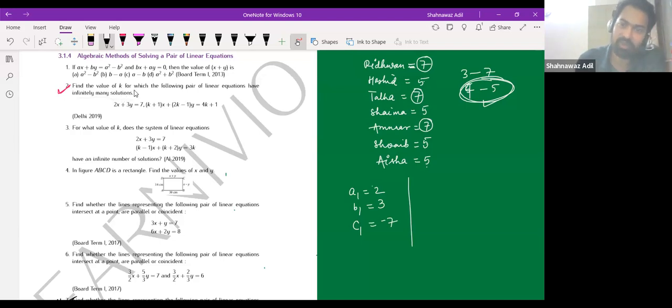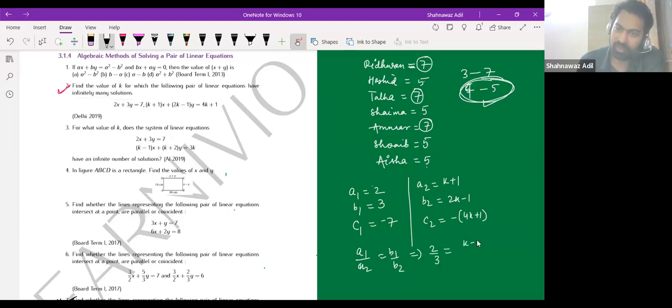So we can choose one equation. So a2 is k plus 1, b2 is 2k minus 1, and then c2 is minus of 4k plus 1. So we can choose any of the variables. Let us choose a1 by a2 equal to b1 by b2. So this is 2 by 3, and this is equal to k plus 1 over 2k minus 1.